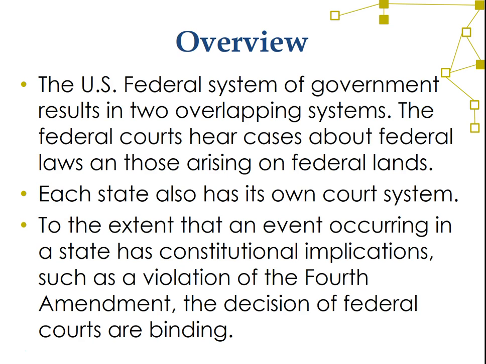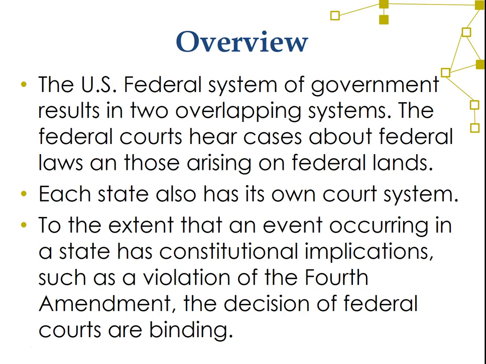So the U.S. federal system of government results in two overlapping systems. The federal courts hear cases about federal laws and those arising on federal land, and prosecution of federal crimes occurs there, among suits involving civil cases.